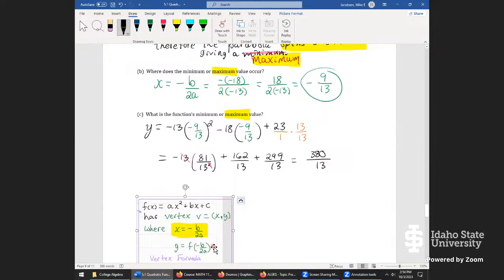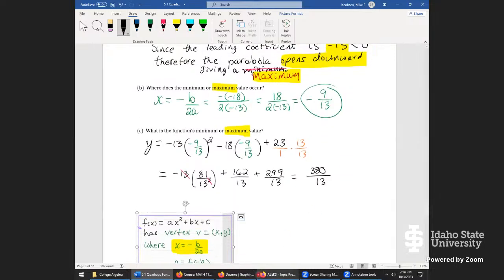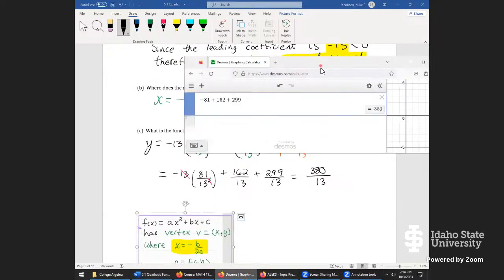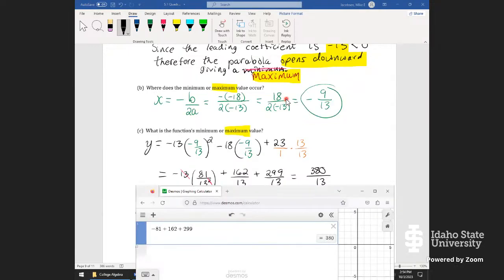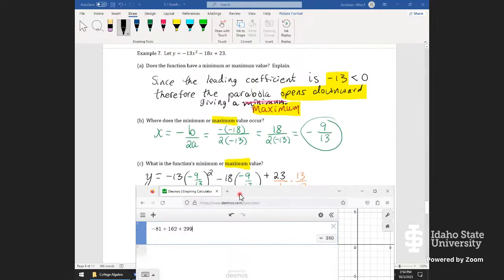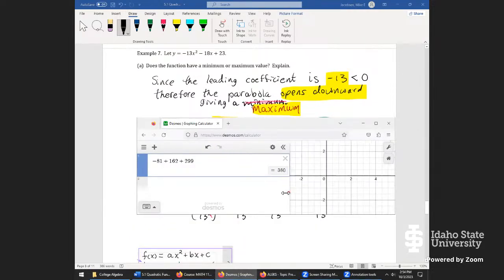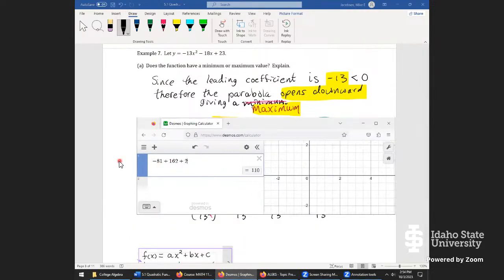And after going through all of this work, there's a nice thing about this. Before you shove your answers into, say, Alex and see if it's correct or not, definitely just plot the whole thing to see if it's lining up. You can put in first exactly how it's indicated, y equals negative 13x squared minus 18x plus 23.